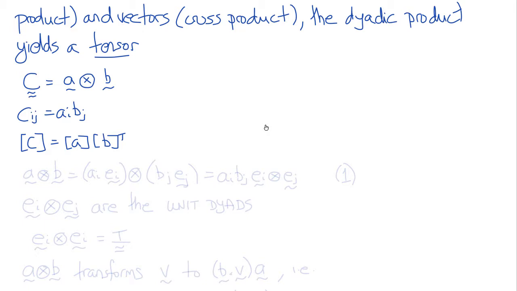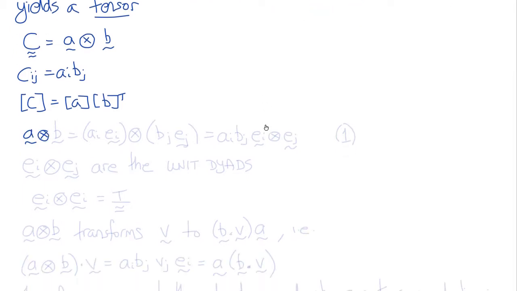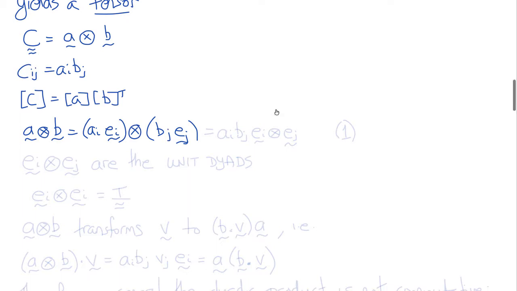In other words, a 3 by 1 matrix times a 1 by 3 matrix gives a 3 by 3 matrix. So we could write this as A dyadic B equals Ai Ei dyadic Bj Ej, which would then be Ai Bj times Ei dyadic Ej.